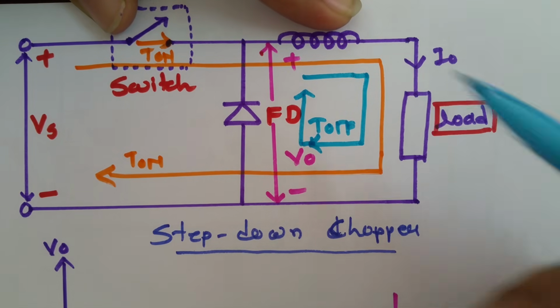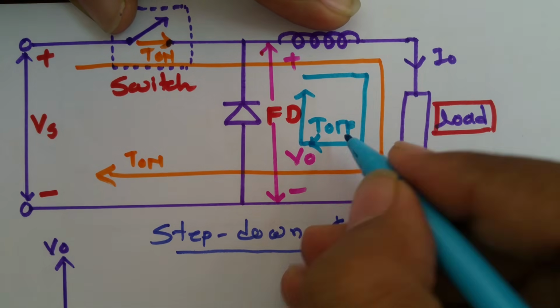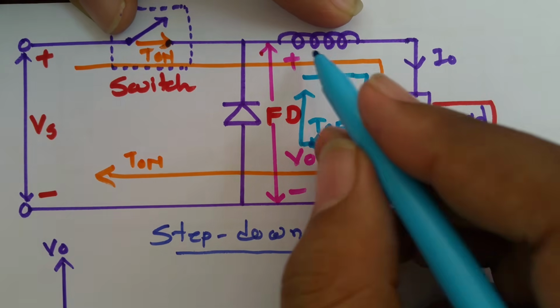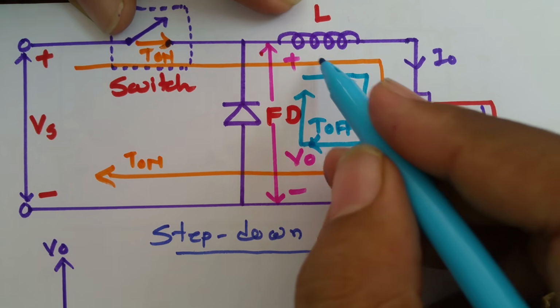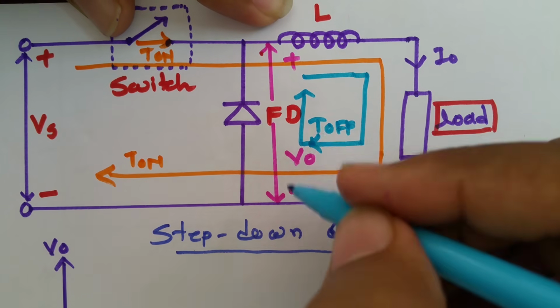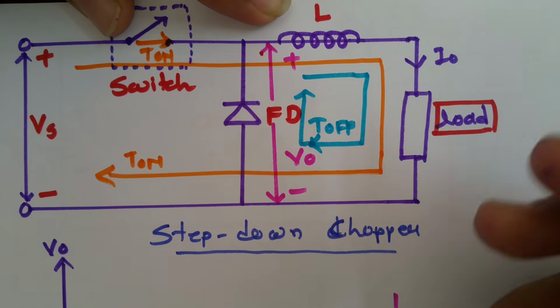In that case this freewheeling diode will conduct. So when the switch is off, the energy which is there in the inductor will get discharged and current will flow through this freewheeling diode.